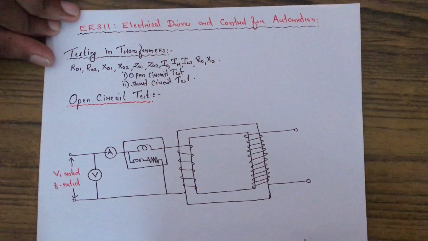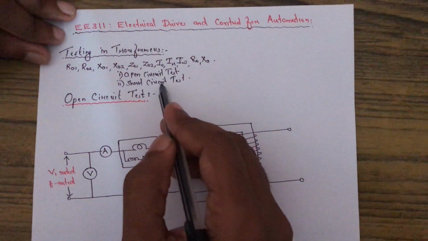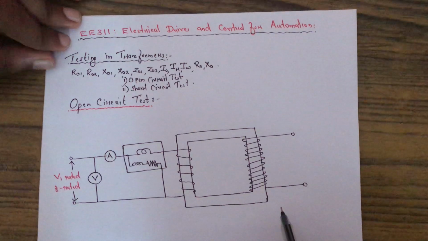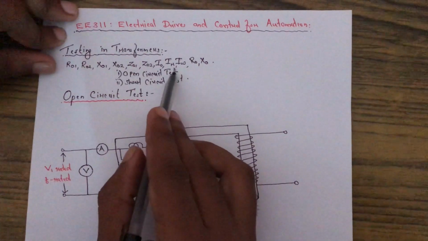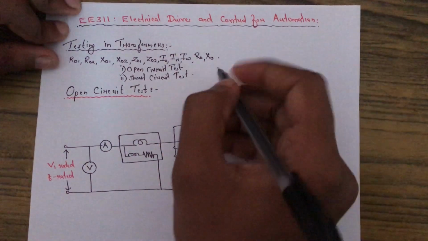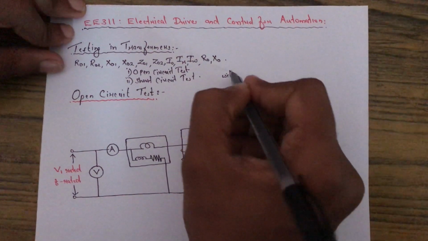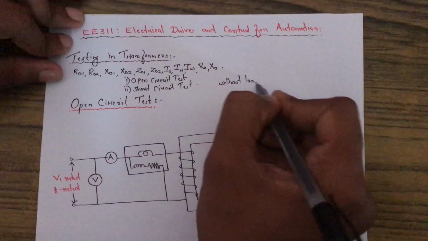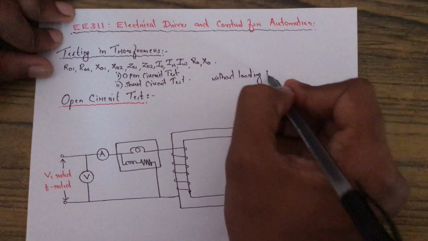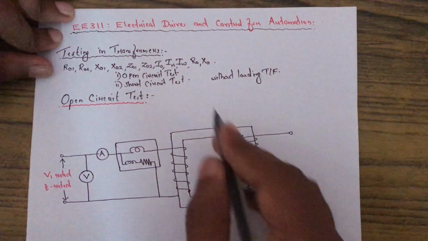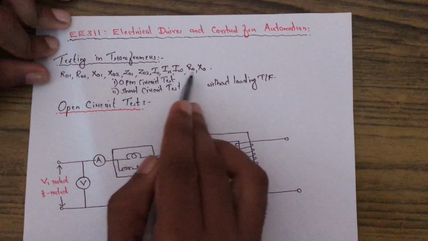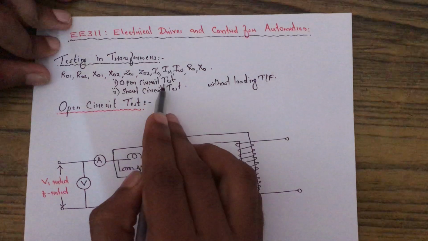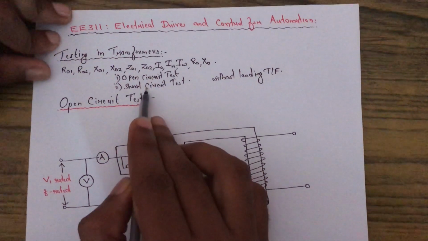Okay, and these two tests are very economical and convenient because they determine the required information without actually loading the transformer. Without loading the transformer, that is without connecting the actual load to the transformer, we can determine all these parameters with the help of these two tests.